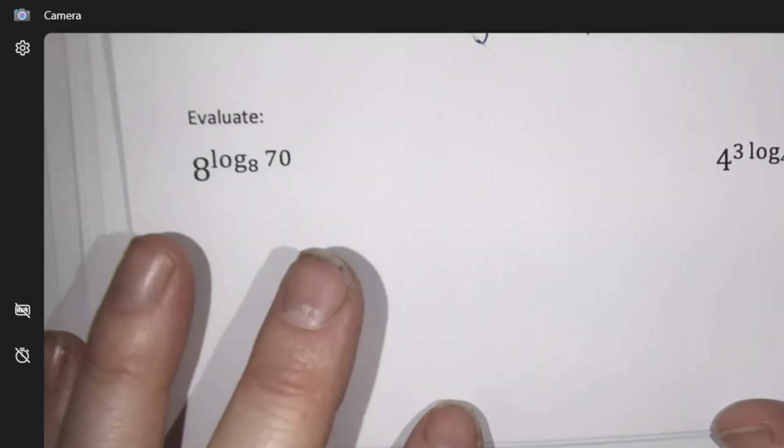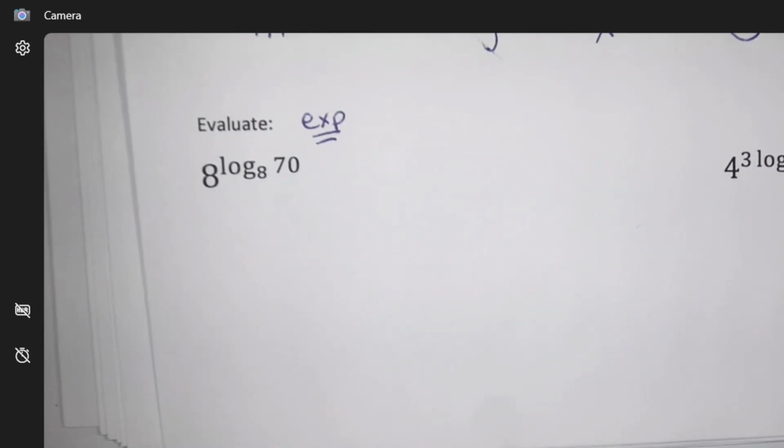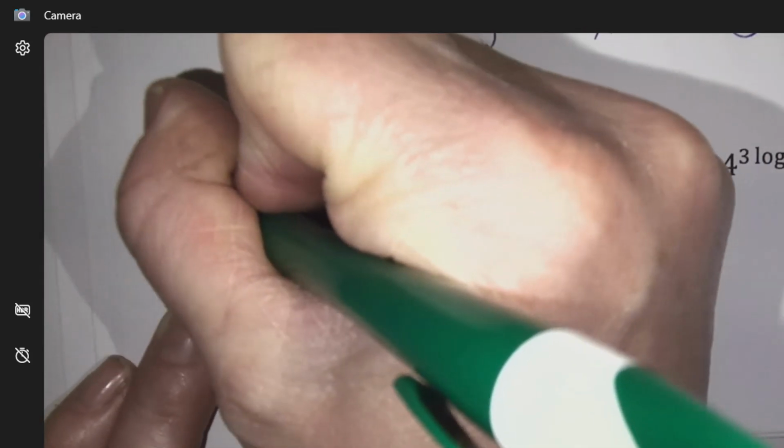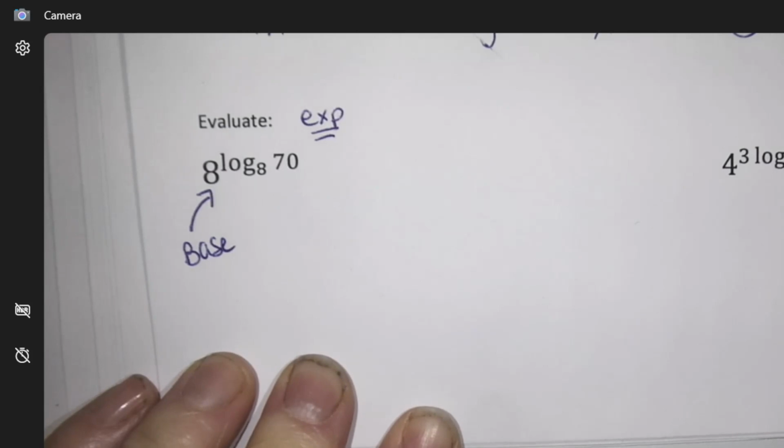Okay, so here are some trickier questions. I want you to look at this and I want you to identify right now what kind of expression is this. Is this an exponential or a logarithmic expression? It is an exponential. So this is the base.